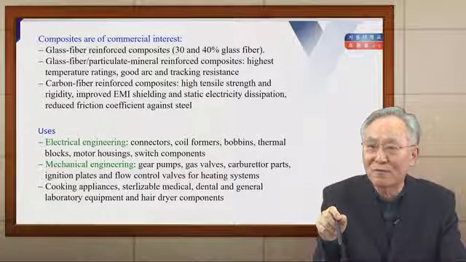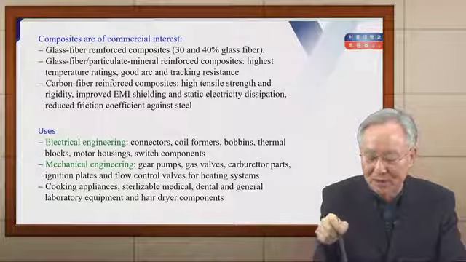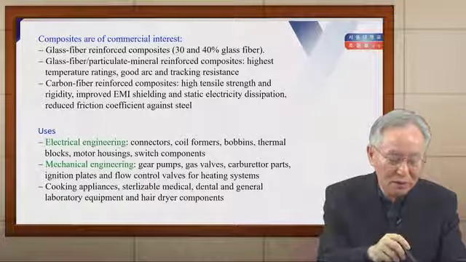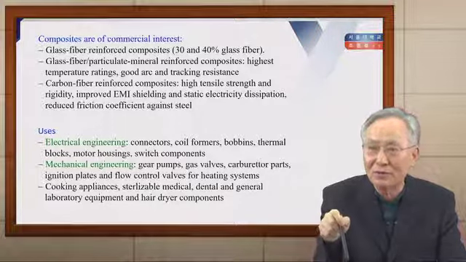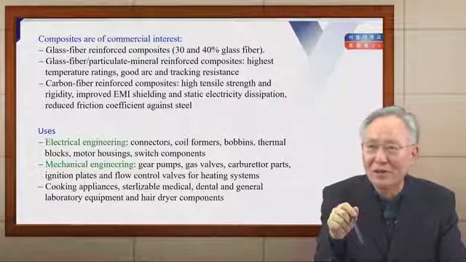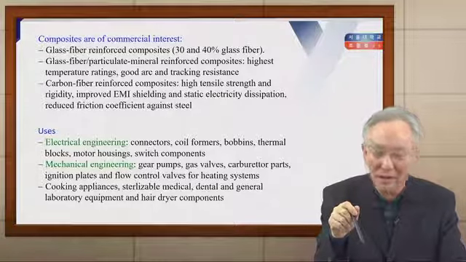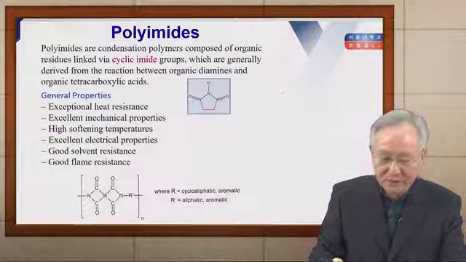They can also be used for mechanical engineering parts, gear pumps and gas valves, carburetor parts, ignition plates, and flow control valves for heating systems. They are also used for cooking appliances, sterilizable medical, dental, and general laboratory equipment, and hair dryer components.